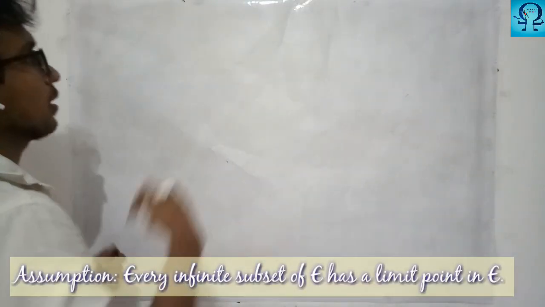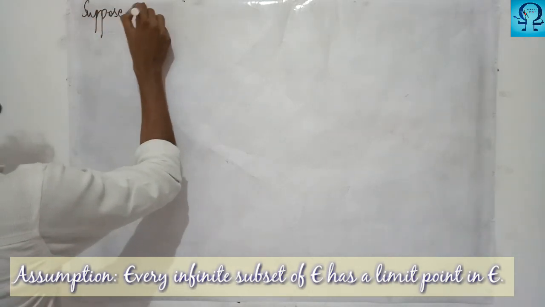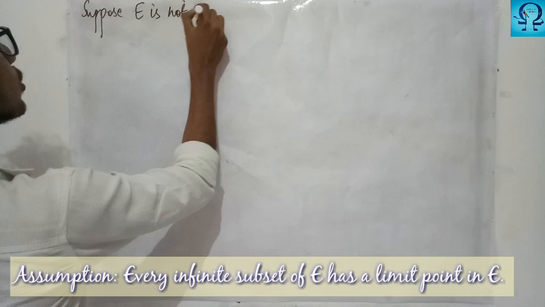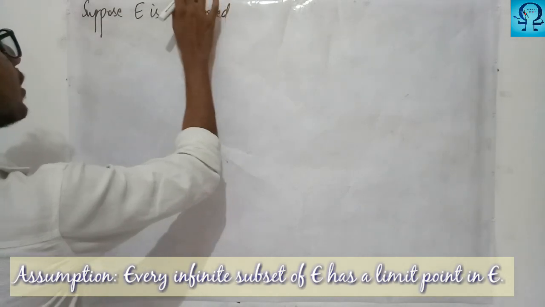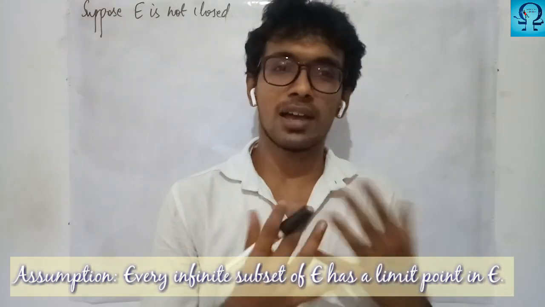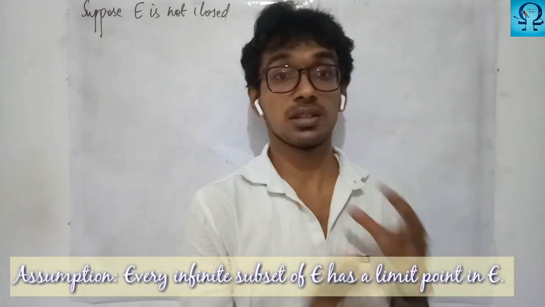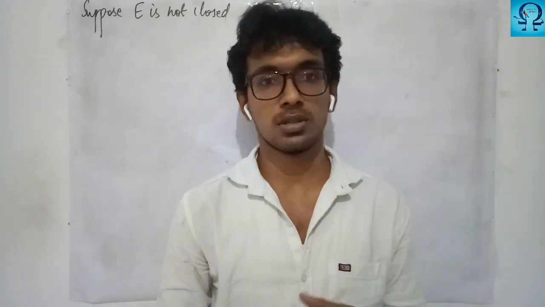Even further, we are going to assume that E is not closed. Whenever we assume E is not closed, what do we actually have? We cannot come to the conclusion that E is open, because there are some sets which are neither open nor closed.